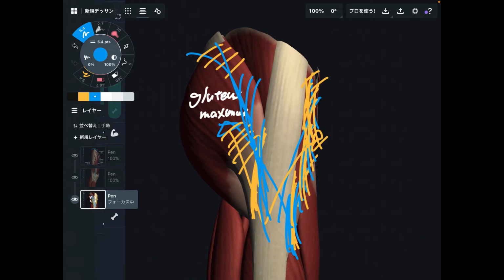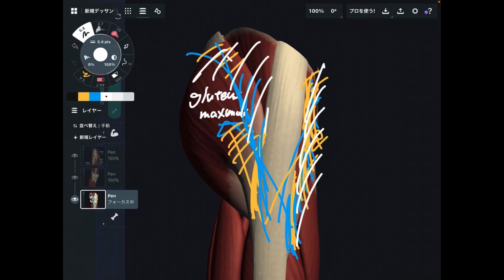However, this is my subjective opinion. Chronic use of tensor fascia lata tends to create lateral knee pain more than gluteus maximus dysfunction. I don't know, this is just my subjective experience. People who have tight tensor fascia lata tend to have lateral knee pain.